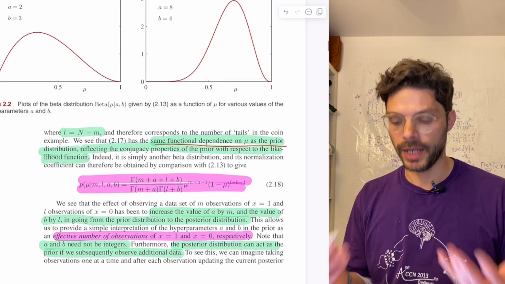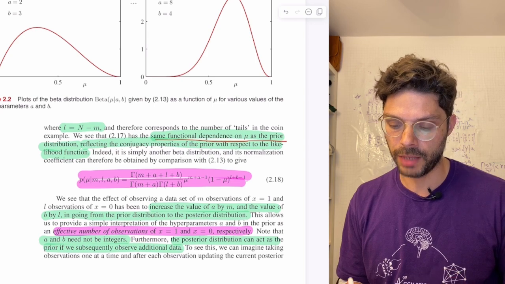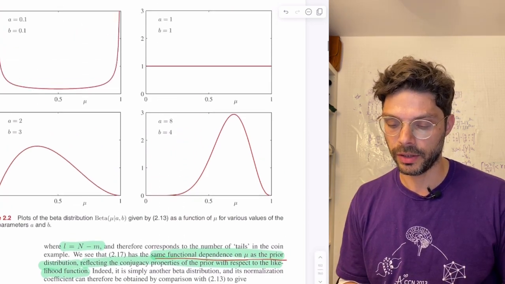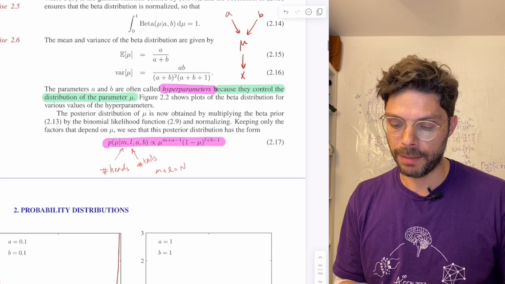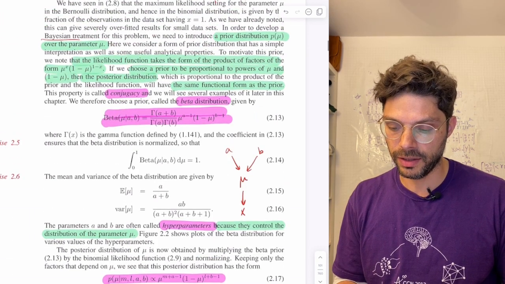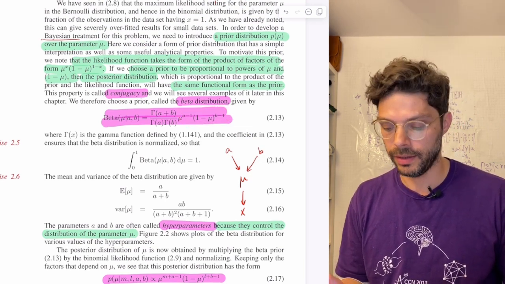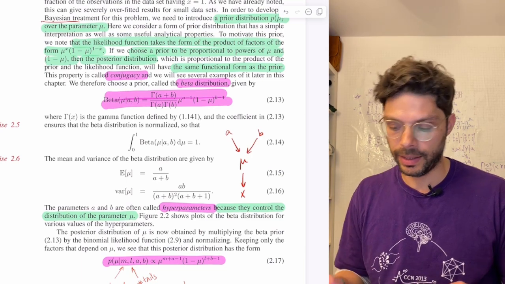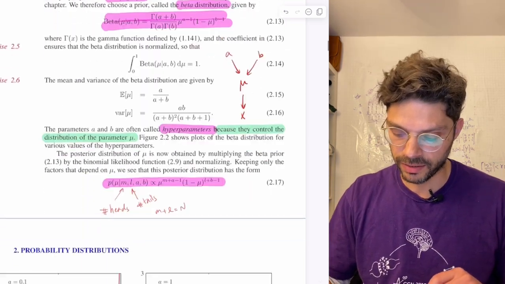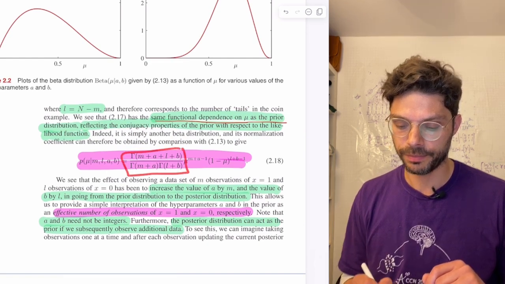Indeed, it is simply another beta distribution, and its normalization coefficient can therefore be obtained by comparison with 2.13. So all he's saying is, you've got this mu to the m plus a minus 1, 1 minus mu to the L plus b minus 1. Well, that looks a lot like this thing, but with a and b made different variables. So just plug in m plus a for a and L plus b for b, and you get the normalization factor. And indeed, that's what you have.